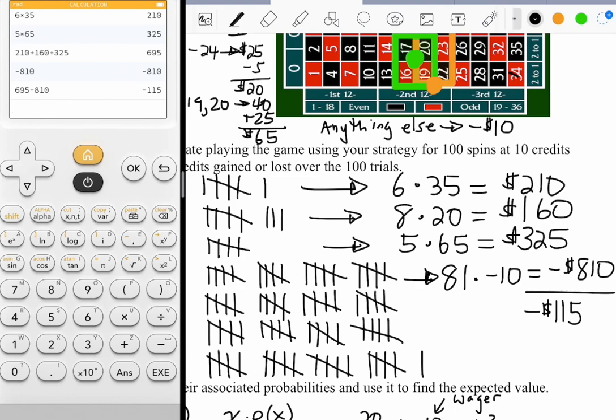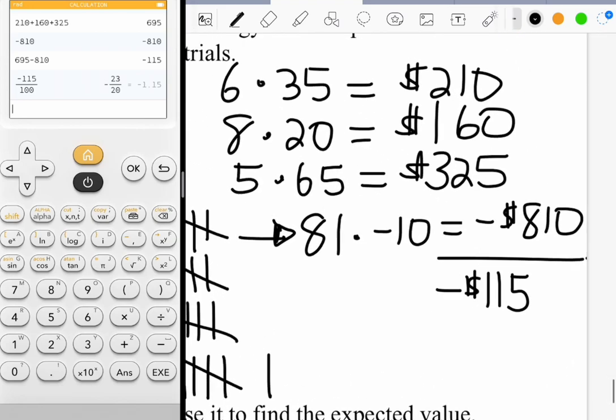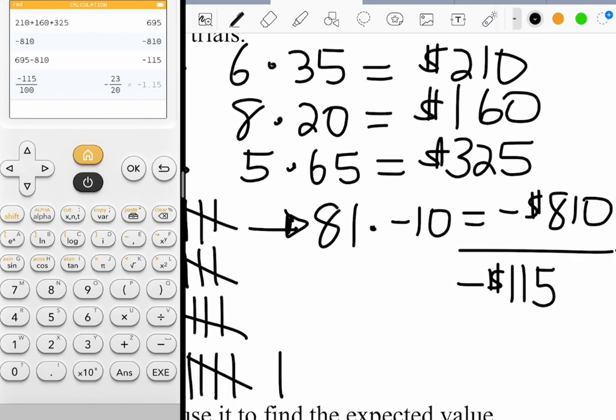Now, if I take this number and divide it by 100, so I'm at an expected loss of $1.15. All right. So if you divide by the number of spins, so negative 115 divided by 100, that's the number of spins.